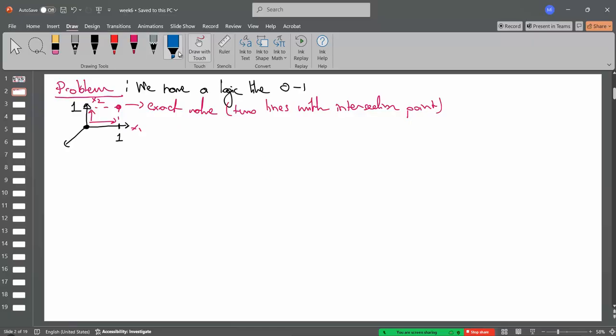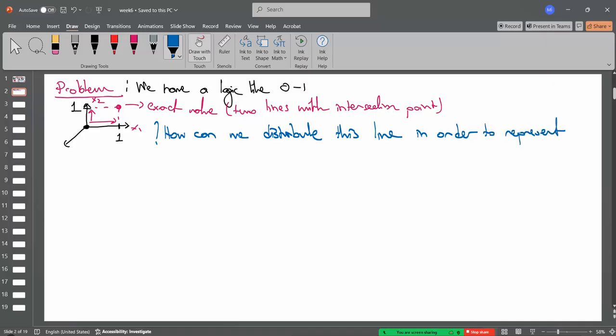But the main problem is how we can distribute this line in order to represent the probability. That's the main question or the main problem.